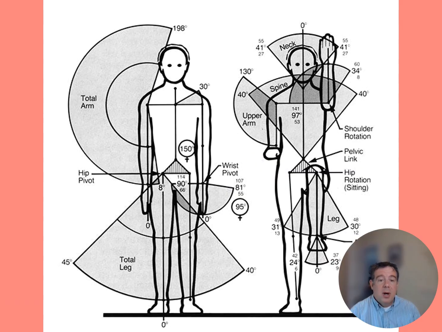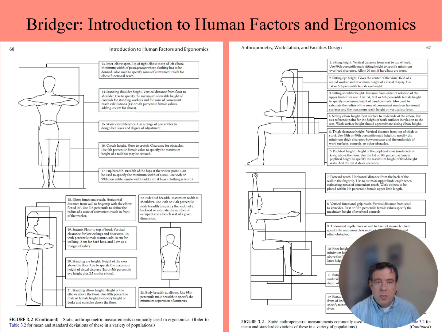So these were more measurements for clearance. So if we are wanting to make sure we have enough clearance for our reach, so these are examples of reach. And then this just goes through some other measurements that you could take.